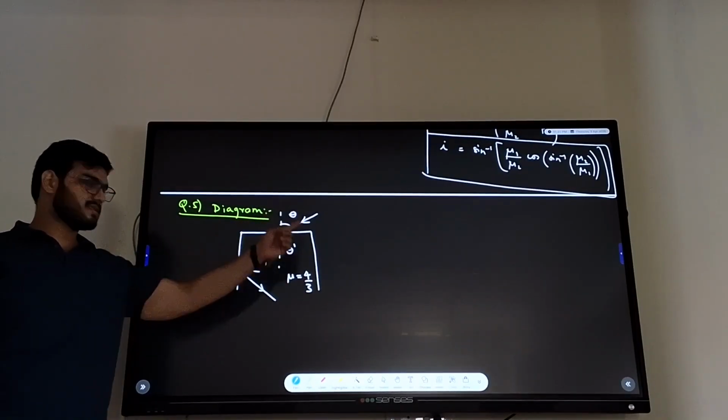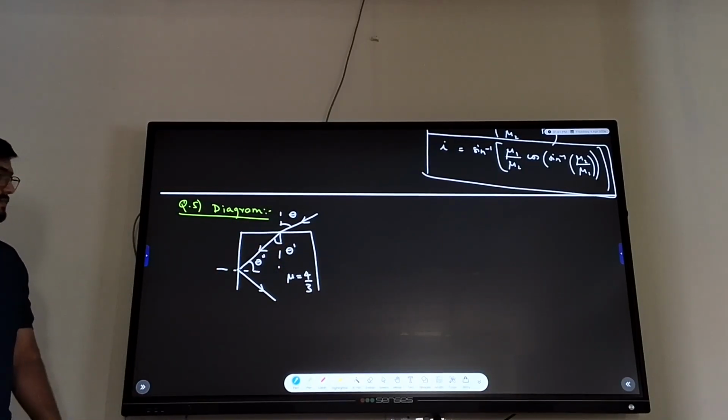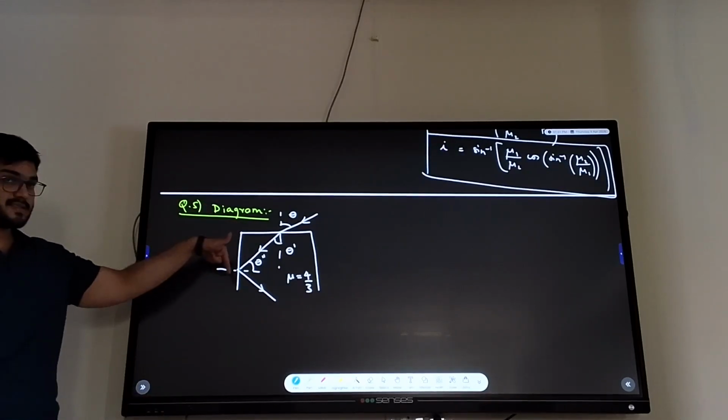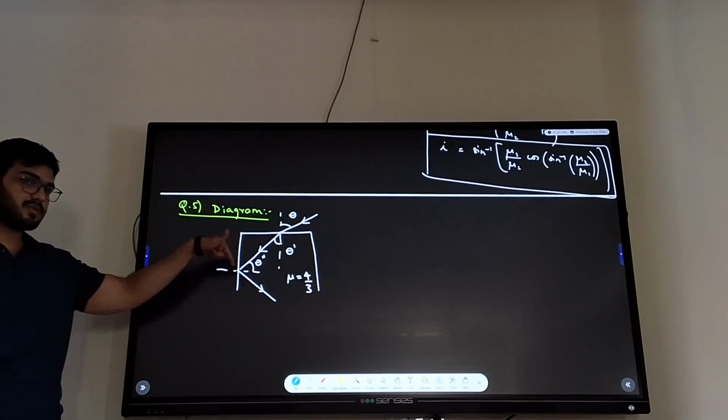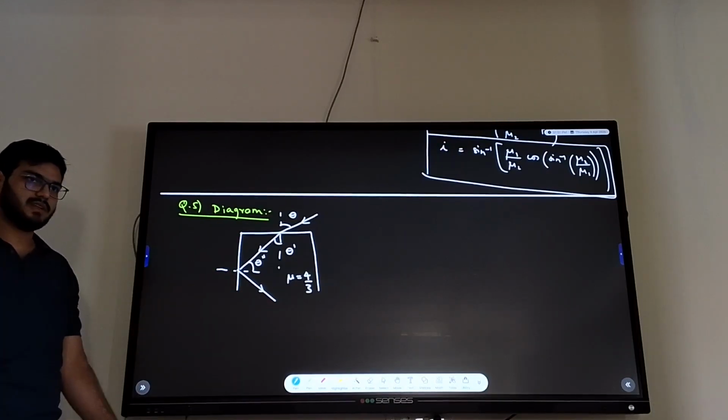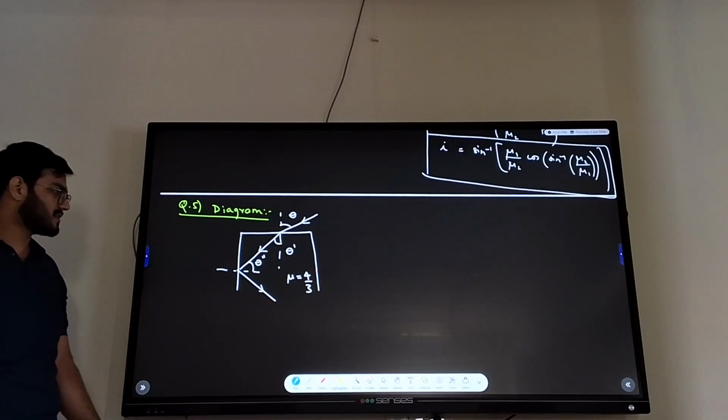I think it's air, and some kind of refraction occurs, and then at this surface, another refraction could have occurred, but here TIR occurs. Actually, it's given. TIR occurs at this point, and they are asking.